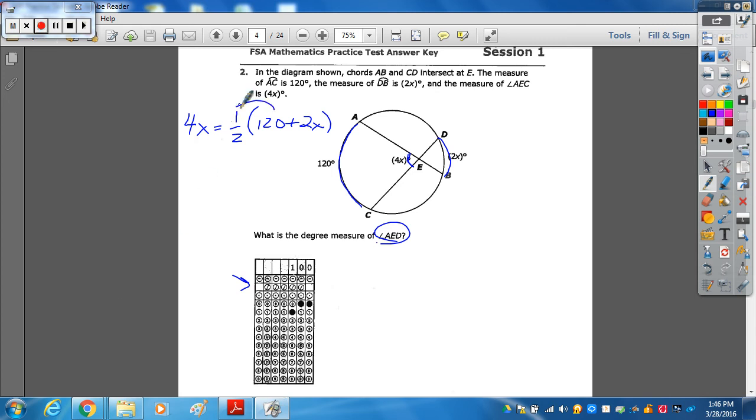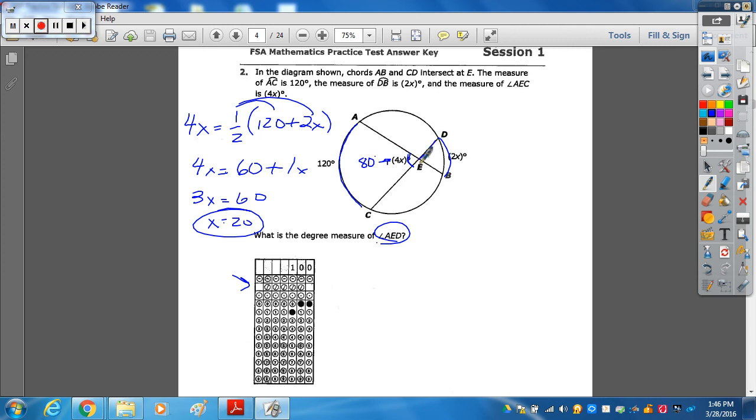If I were to go ahead and solve for x, here's what I would have done. Subtracting 1x from both sides, dividing by 3. That's what x is going to be. Now, if I plug that x in over here, I have 80 is my value of that angle.